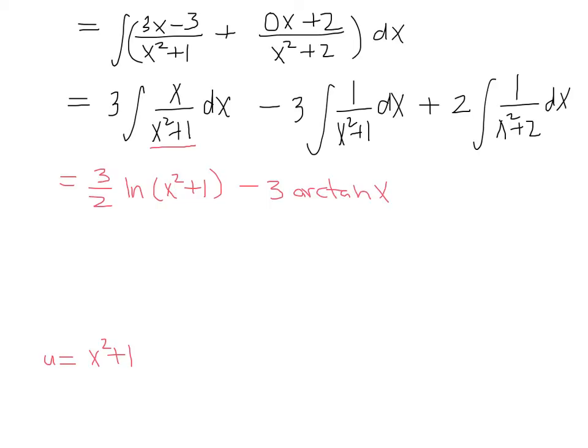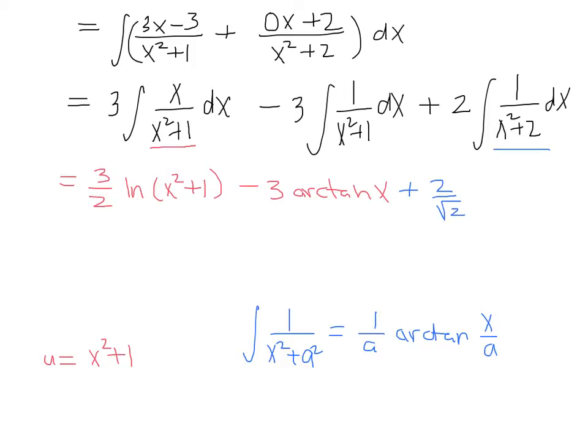And for the final one, you have this formula for the integral of 1 over x squared plus a squared, and that's 1 over a arctan x over a. And in this case, the a is actually root 2. So you have plus 2 over root 2 arctan x over root 2 plus c.